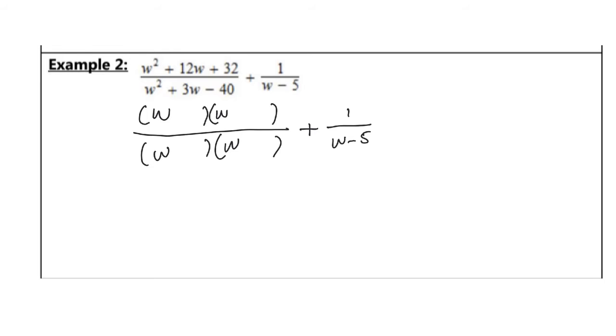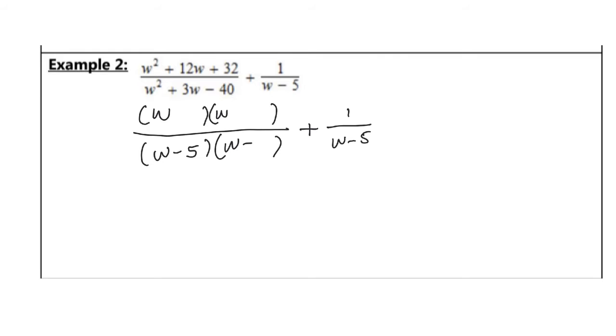So we have w minus 5 in the second denominator. One hint that I'm going to tell you is most likely when we factor this first denominator, we're going to have a w minus 5 in there. So I would test it out, and then figure out what the other binomial needs to be. So if we have w minus 5 here, what times negative 5 gives us negative 40?